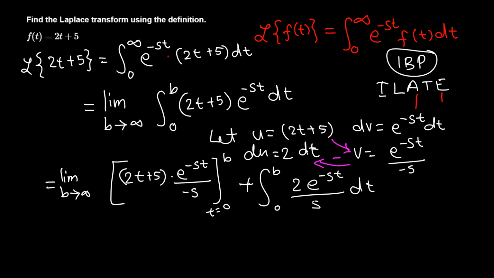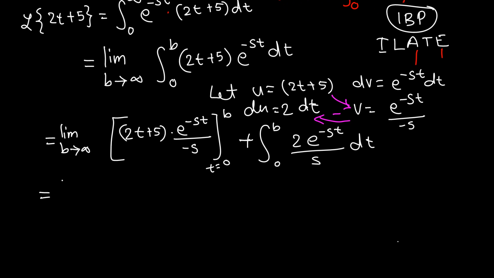Let's evaluate this. This is the limit as b goes to infinity of, here we need to evaluate the upper limit minus the lower limit. So replace t by b. This is 2b plus 5 times e to the negative sb over negative s, that's the upper limit part, minus the lower limit, where t equals 0.